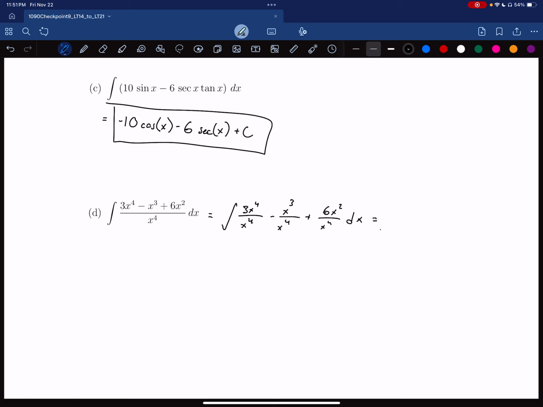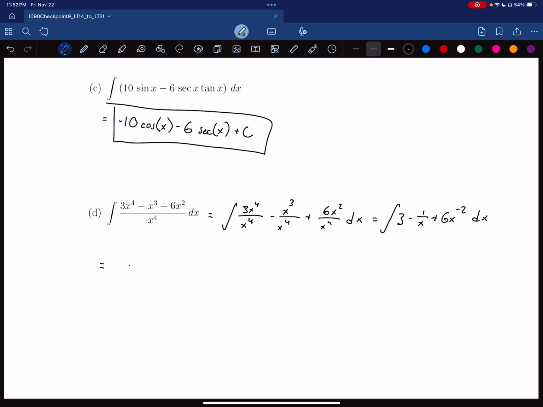And that's just equal to, simplifying even more, 3 minus 1 over x plus 6x to the negative 2 power dx. And that integral is not too bad to solve.